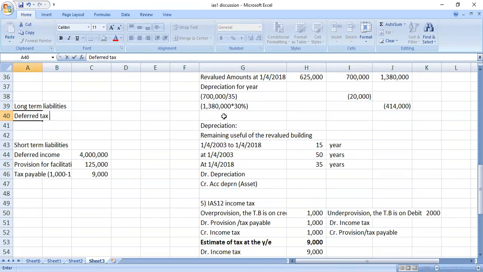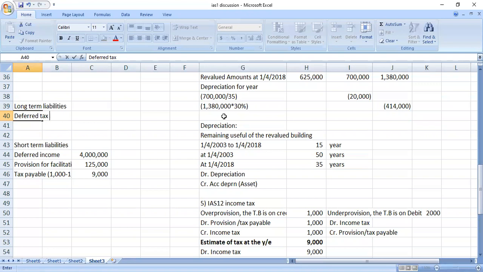Any changes that may occur, mainly whenever there's a revaluation or a change in an asset that's not cash in nature, usually deferred tax arises from there. But I think more detail will be given later, so for now let me just stick to that.